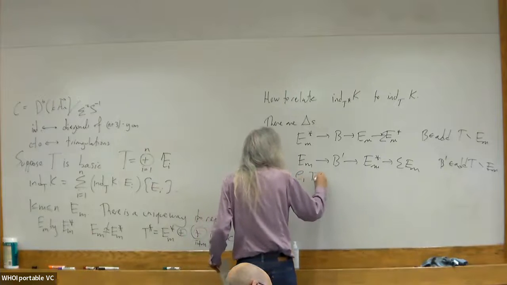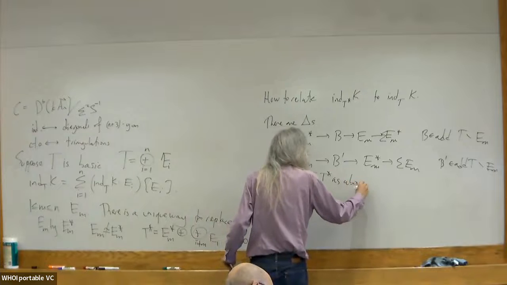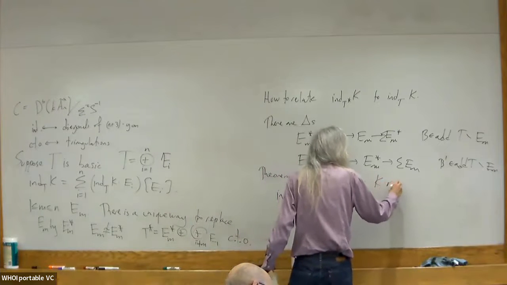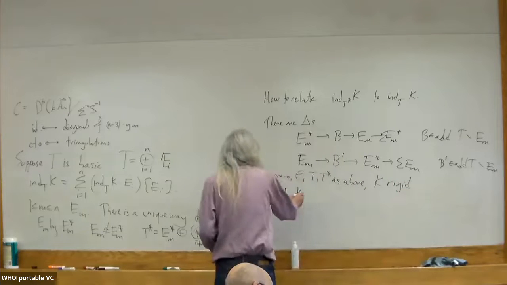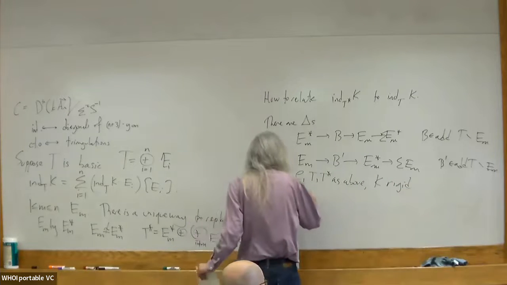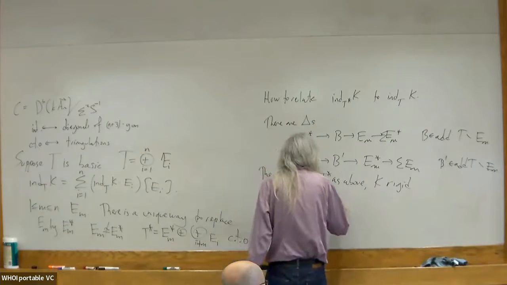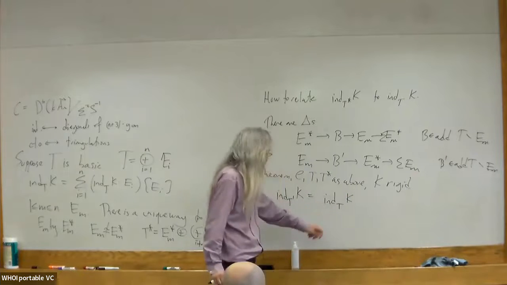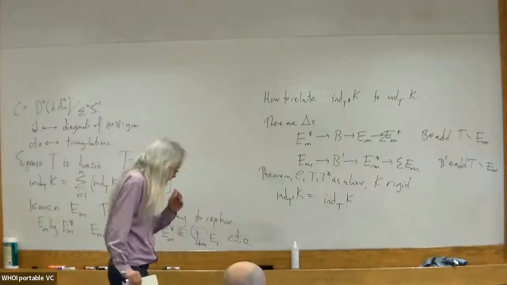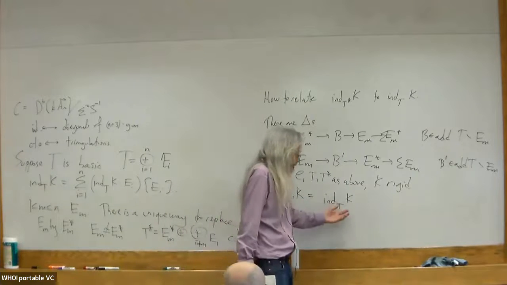T prime, T star as above, K rigid. We can write the index with respect to T prime of K as, well, let's think of it in the following way. We're going to start with the index of T with respect to K, and that includes summands of this EM, and obviously we have to take note because we're not allowed to have EM.